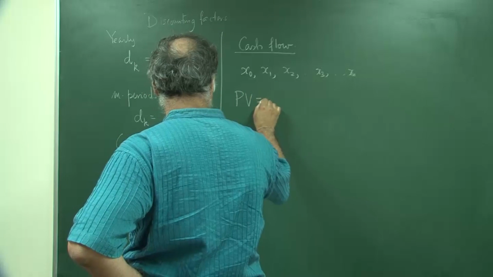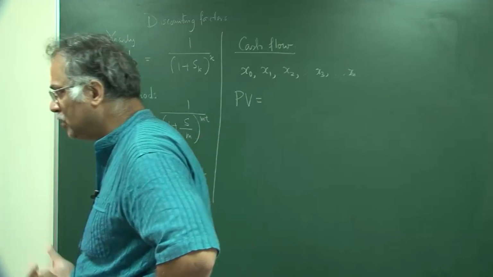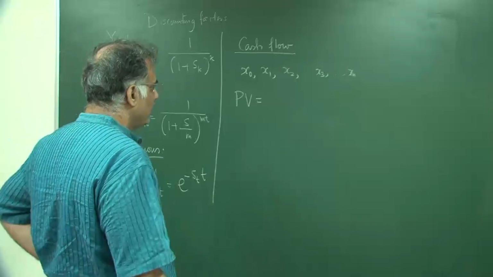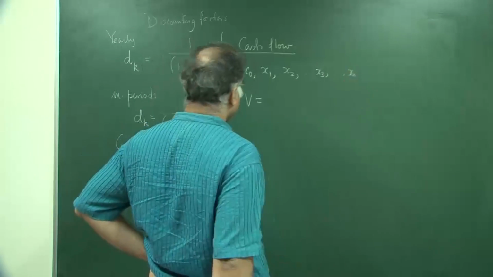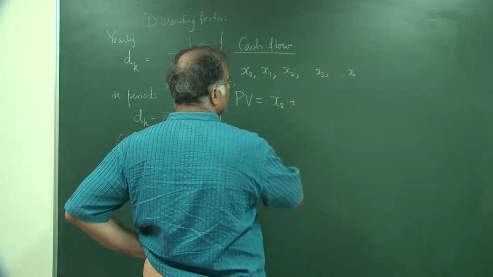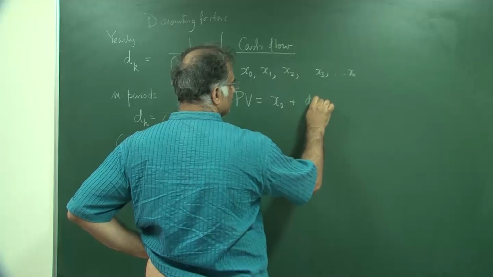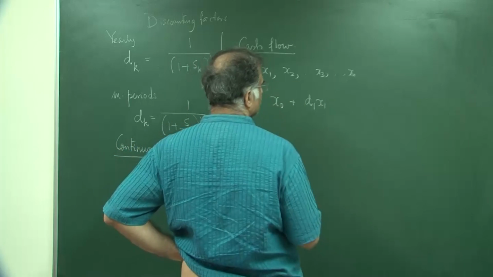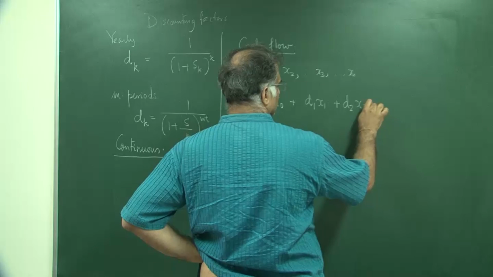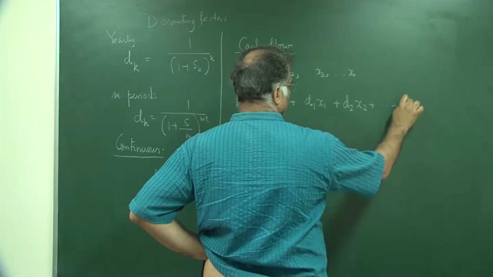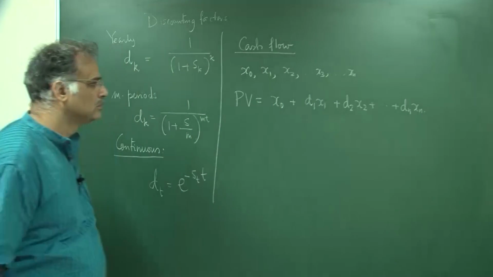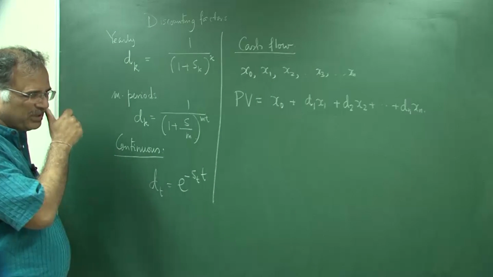So, how much do I have to invest now in order to get that cash flow in these time periods? So, the present value of the stream is given by this, and this is called the present value of the stream.